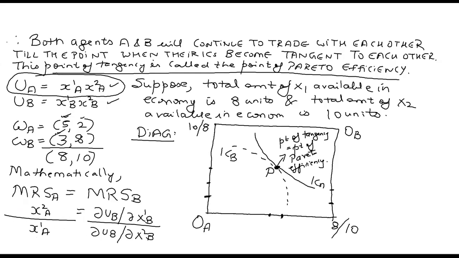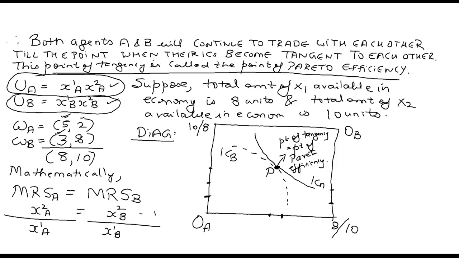Similarly, if I differentiate the utility function of agent B with respect to X1B, I get X2B in the numerator, and in the denominator, if I differentiate with respect to X2B, I get X1B. This implies that X2A by X1A is equal to X2B by X1B.